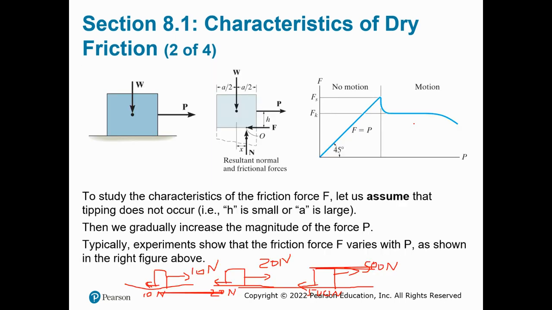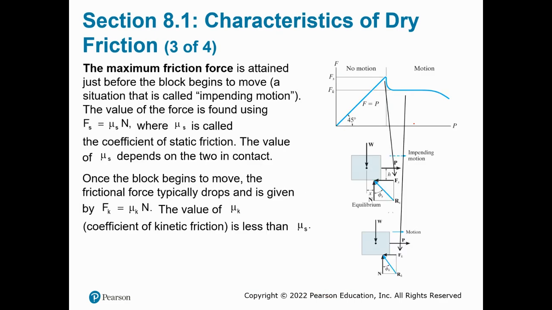Remember, if it's static and not moving, your friction force depends on how much force is being pushed on the object. The mu_s times N here is your maximum static friction force. In other words, it's the minimum force we need in order to just start moving the block right here.